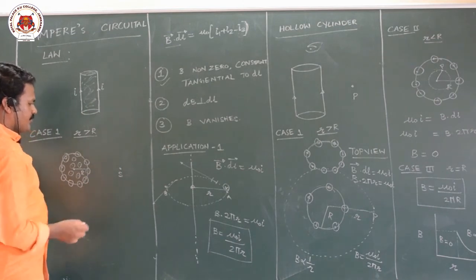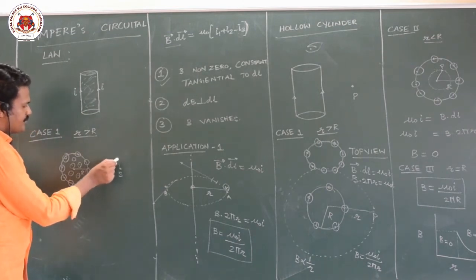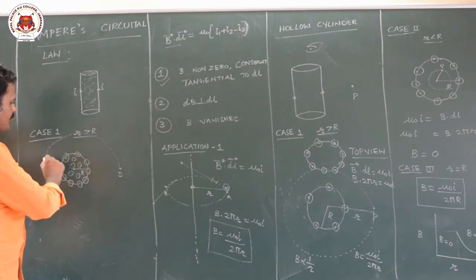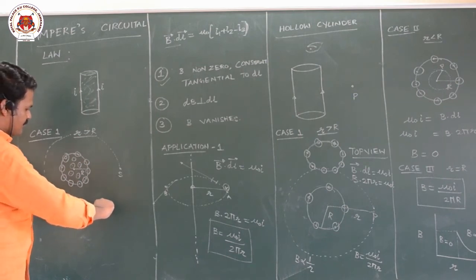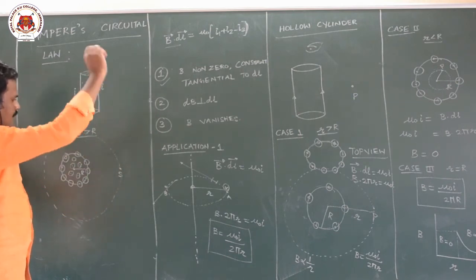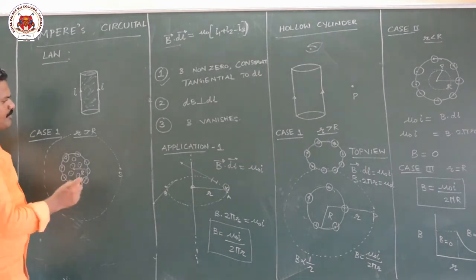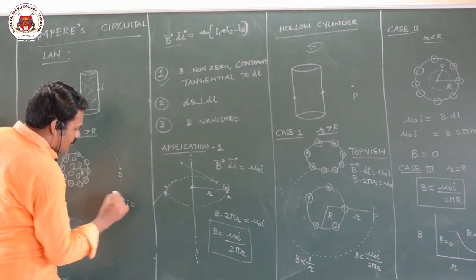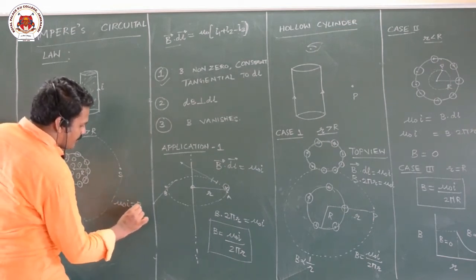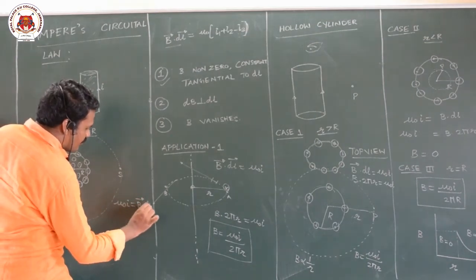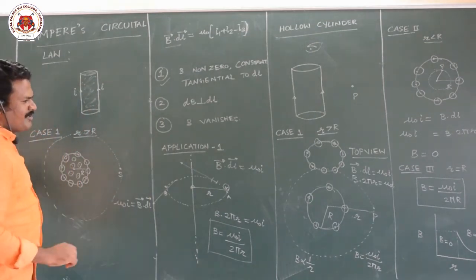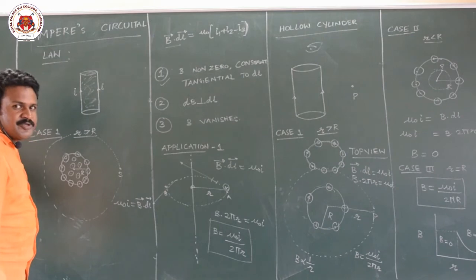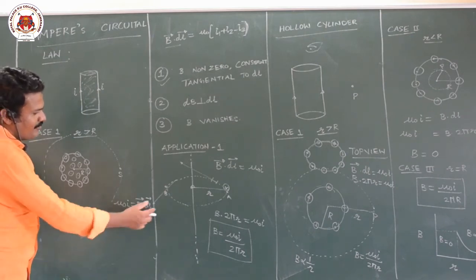So according to Ampere, just complete the loop. Whatever the application, laws in physics always remain the same. Now according to Ampere, we can write mu naught I is equal to B bar dot dl bar. Sometimes you may get a doubt: the dot product magnitude is B dl cos theta, and I am not writing cos theta here.